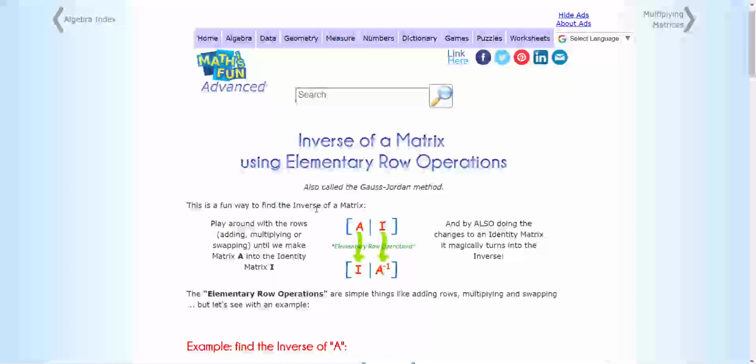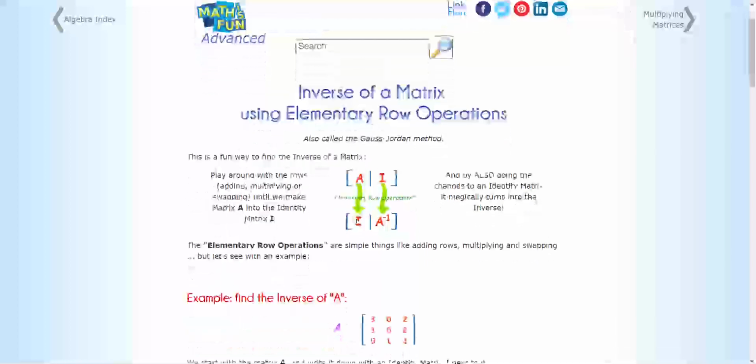You line up the identity matrix along the matrix that we have, and then you do the elementary operations, Gauss elimination, to convert the matrix on the left hand side into the identity matrix, and the identity matrix will magically be converted into the inverse of the matrix that we have at hand.